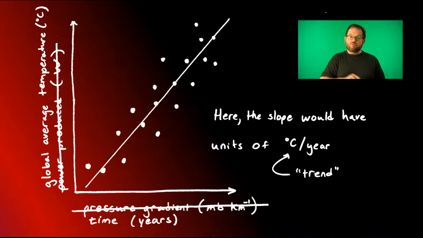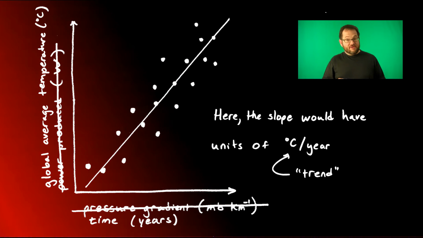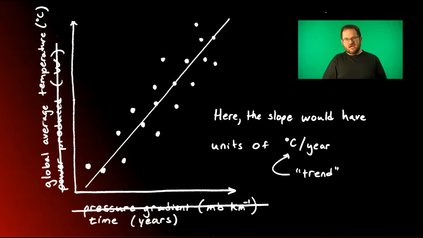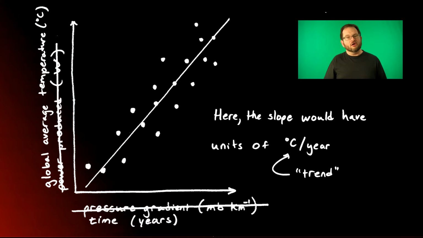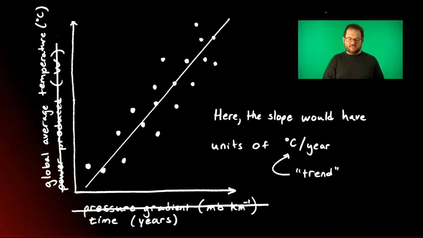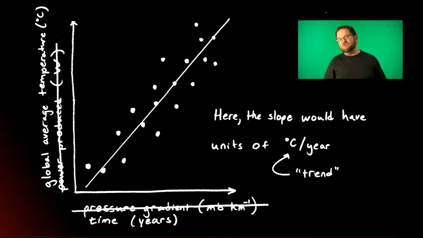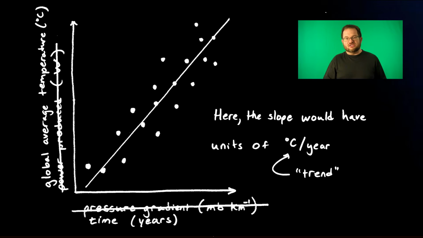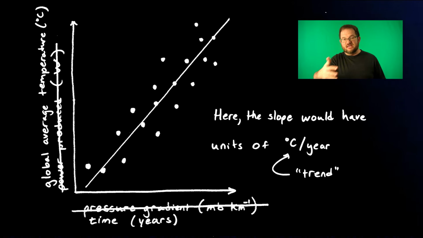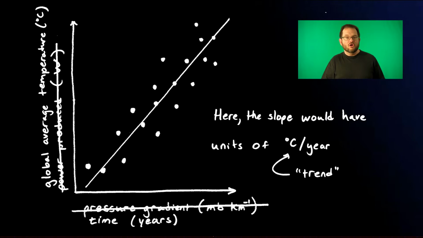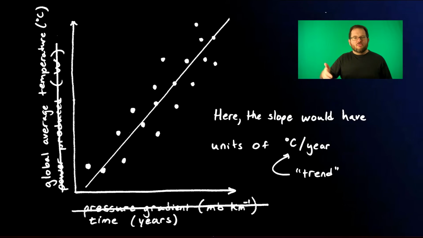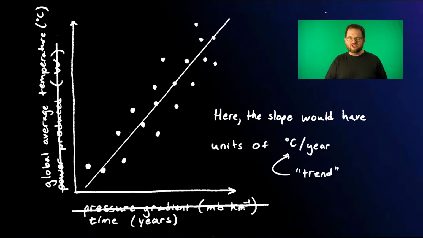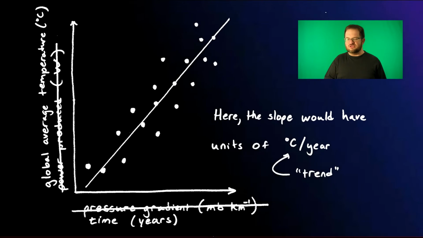Then the slope of that best fit line would have units of the y-axis divided by the units of the x-axis, so degrees Celsius per year. Oh, I get it. Degrees Celsius per year, that's a trend. That's saying how much this parameter that we're predicting changes per year. Now we can multiply that by 100 to make it degrees Celsius per century or something like that. Degrees Celsius per year might not be the best unit for such a thing.